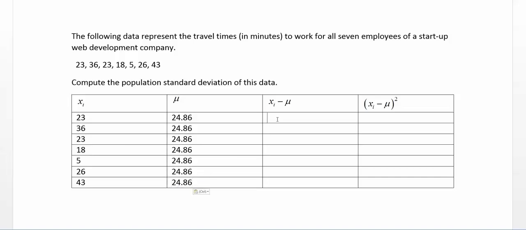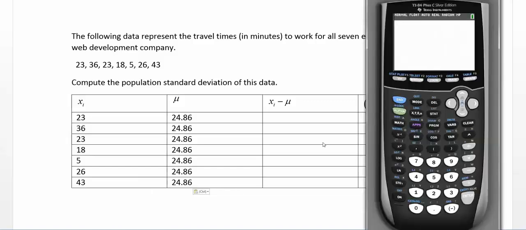Now what I want to do is subtract these two things. I can do that by hand, but the calculator's nice in that it will help us do some of these calculations. Let me stay on the home screen for a second and get the mean of list 1.